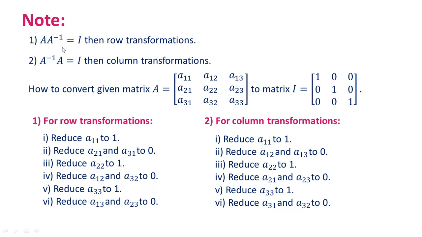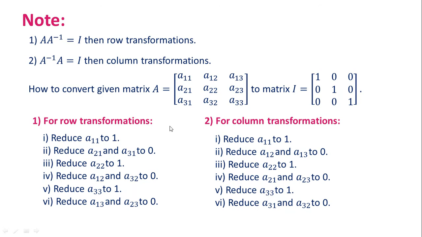In both the cases we have to convert A to the identity matrix. So if you convert this matrix A to the identity matrix, and apply the same transformations to I, then you will get a new matrix called B, and it is nothing but the inverse of the matrix. So perform these row transformations or column transformations.